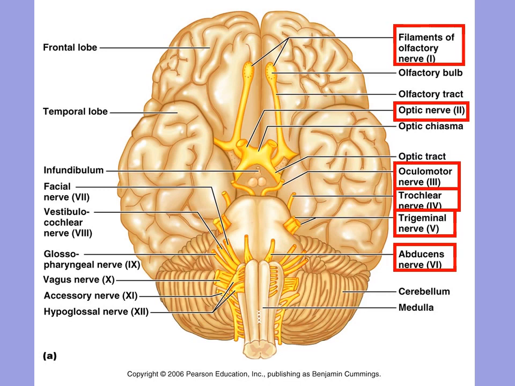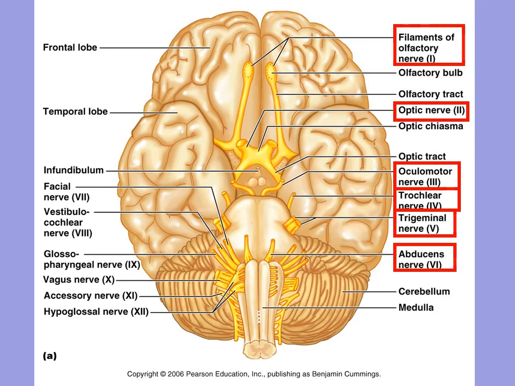You've got the olfactory nerve, which is number 1. Number 2 is the optic nerve. Number 3 is the oculomotor nerve. Number 4 is the trochlear nerve. Number 5 is the trigeminal nerve. Number 6 is the abducens. Number 7 is the facial.